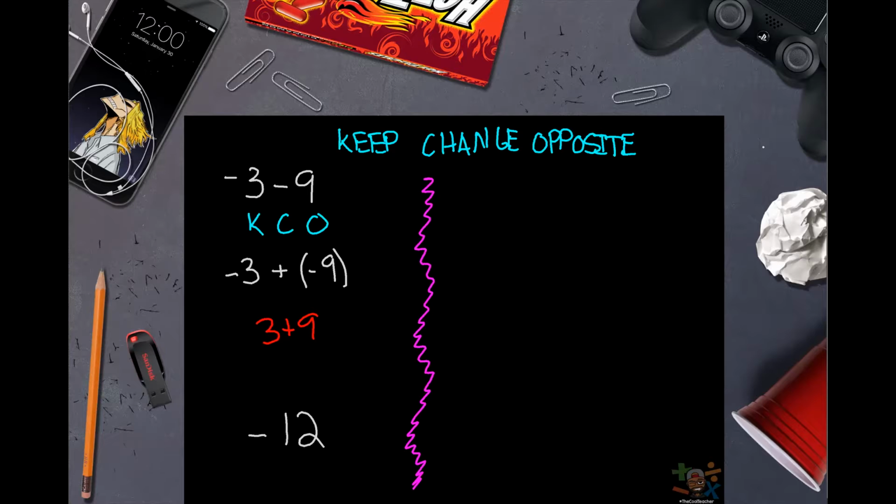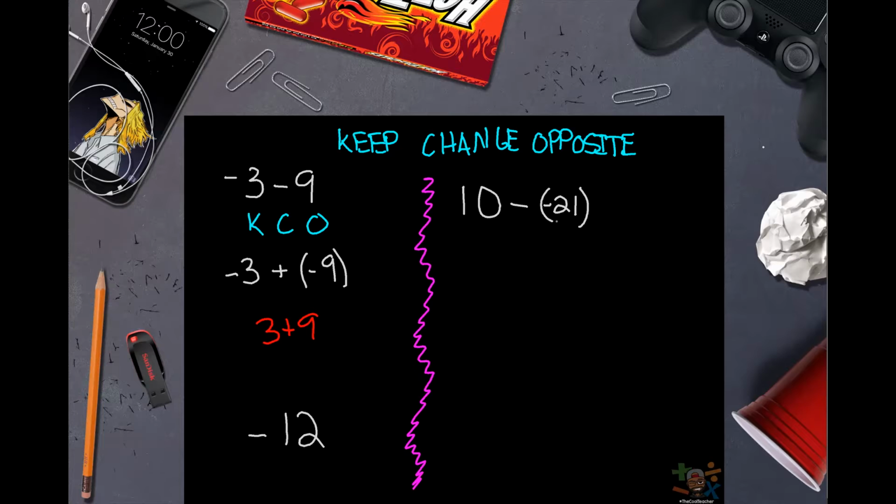Let's do 10 minus negative 21. Oh, I didn't put the negative. All right, 10 minus -21. So there we have it.